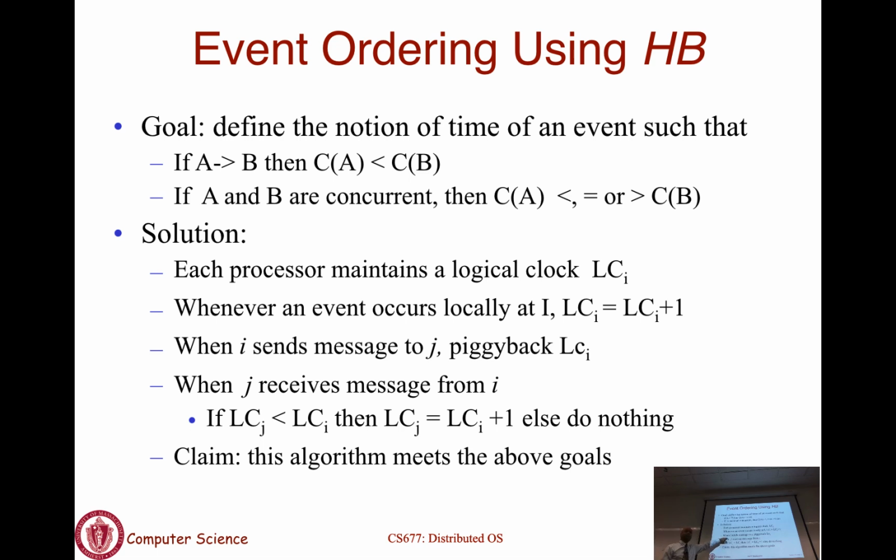So here is what you have to do that's interesting. Whenever you send a message, you want to take the local clock value of the sender and piggyback it with the message. The message will have the actual message content, but in addition to that, you are going to send the local clock value. So in this case, when A sent a message, I'm going to erase this just to make it clear.